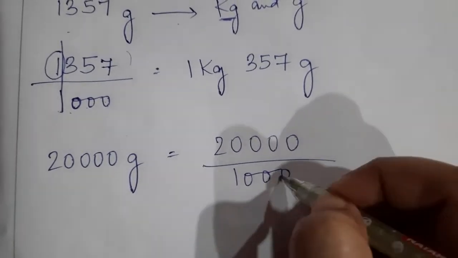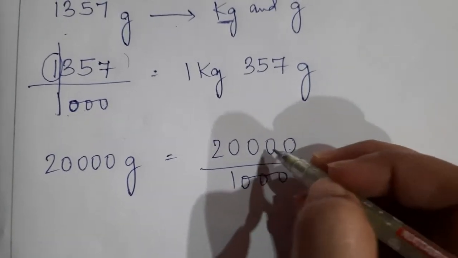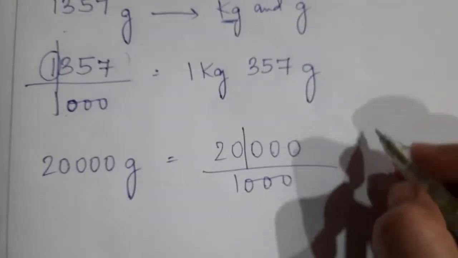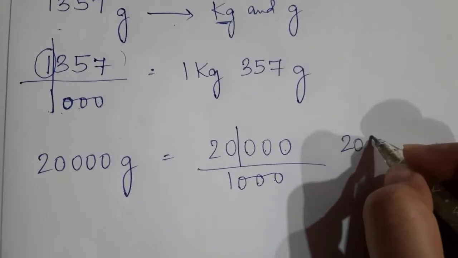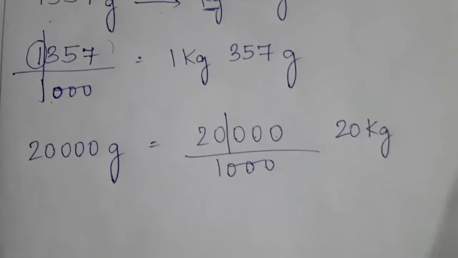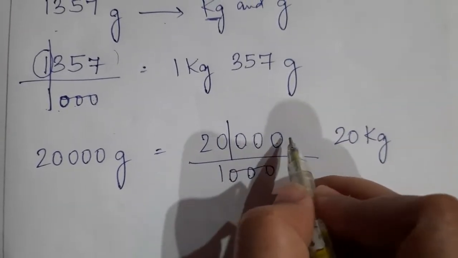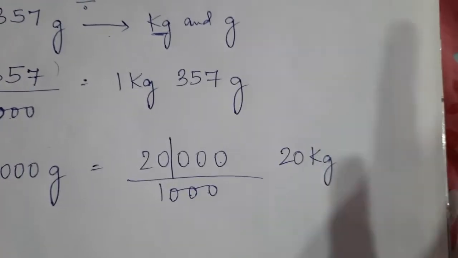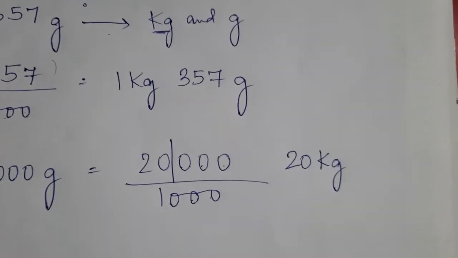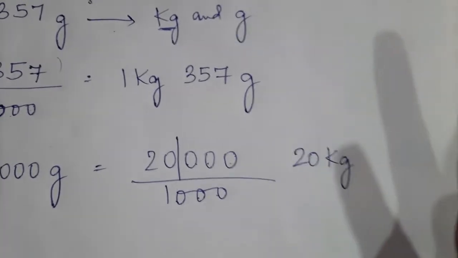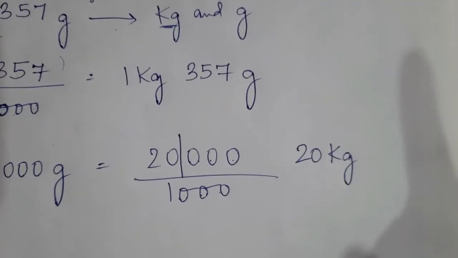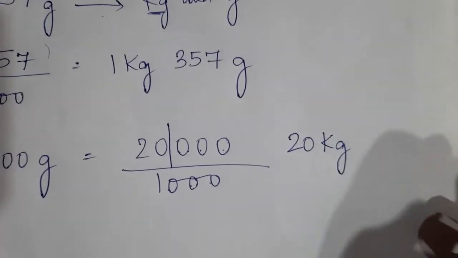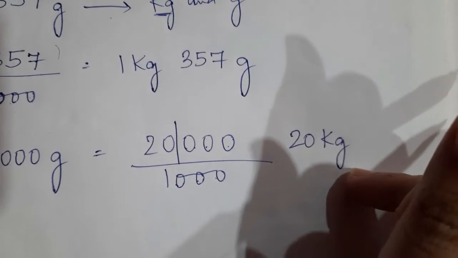How many zeros? 1, 2, 3. Here we are going to count 1, 2, 3. Put a bar here. So it becomes 20 kg. And there is 0. We don't have to write 0 gram. 0 gram means actually nothing. 1 gram is a value. But is 0 gram a value? No. So we are not going to write anything. We are just going to write 20 kg.